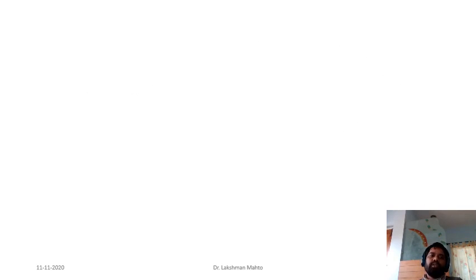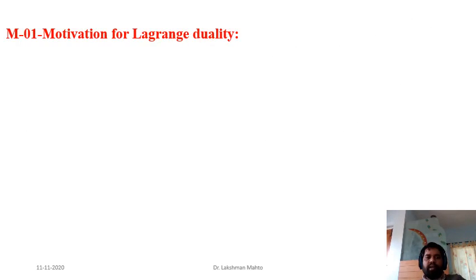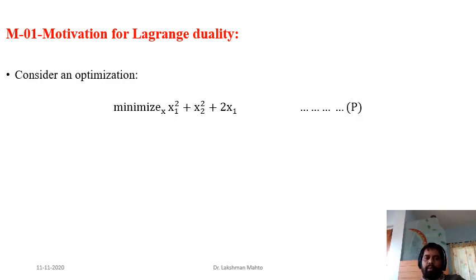Okay, so coming to the first part of this lecture, motivation for duality. I have taken one example here. Consider a very simple optimization problem, where we are minimizing the quadratic function x1 square plus x2 square plus 2x. What kind of function is this? Easily you can identify that the objective function is a convex function.